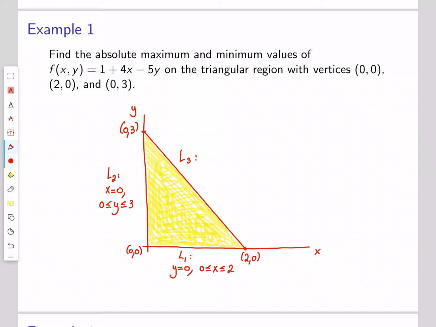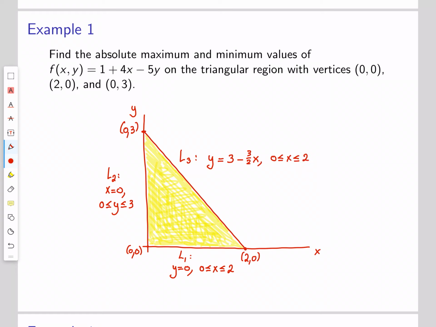Now, L3 is a little bit more complicated, but I know that you can all do this, so I'm going to leave that as an exercise. We basically need to find the equation of the straight line, and I'm going to say that y is equal to 3 minus 3/2 x, with the restriction that x lies between 0 and 2.